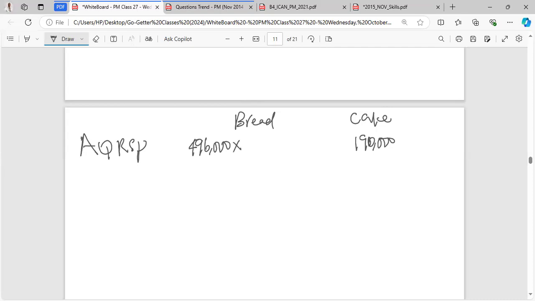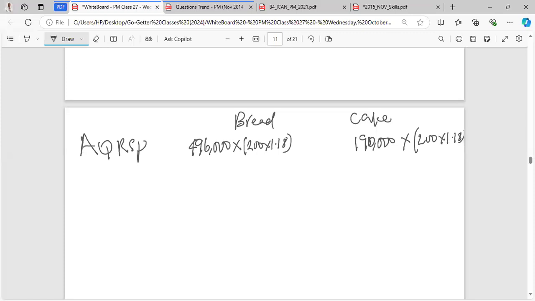Your revised standard price, we said it was 200 multiplied by 1.18.